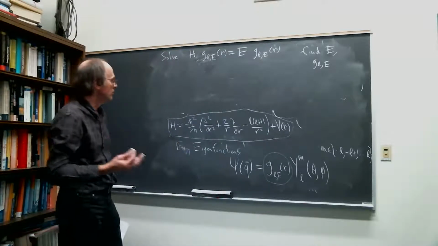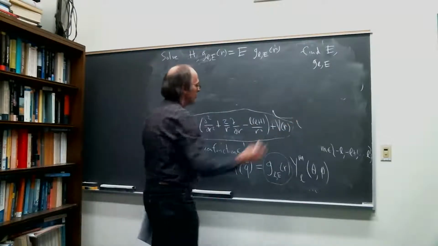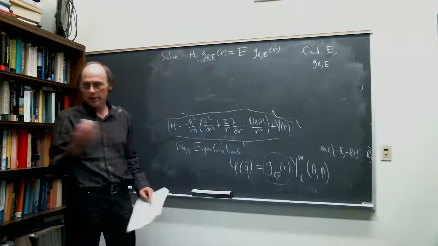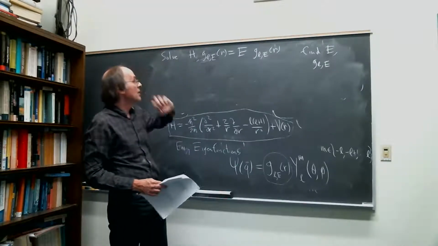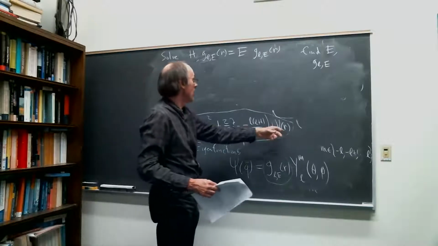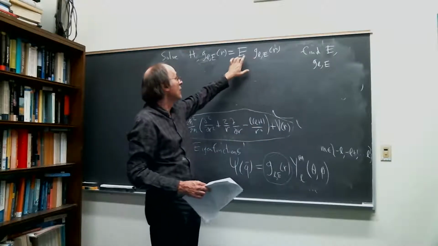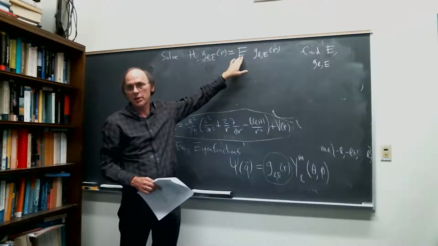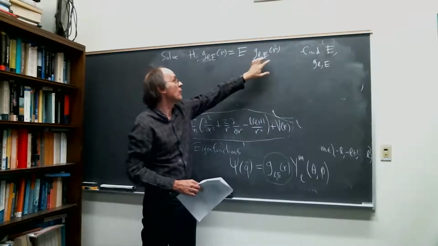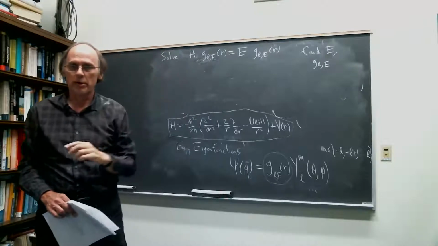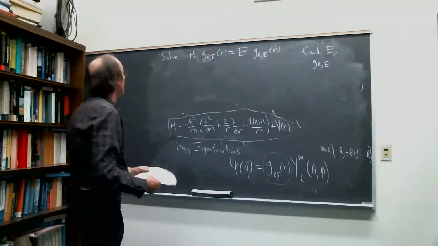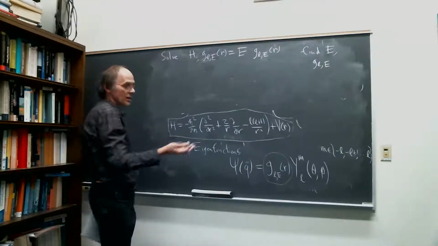But numerically, or by power series methods, for a given V of R you can try to figure out what the energy eigenvalues and eigenfunctions are going to be. That's a well-known problem in differential equations, but in general, it's very hard.